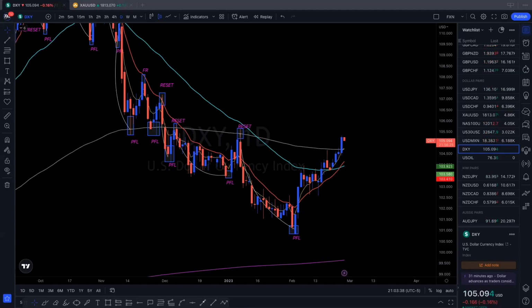Like gold, because gold and GBP/USD, EUR/USD, those pairs go with the index. So it's best if you just day trade them and not swing trade them.